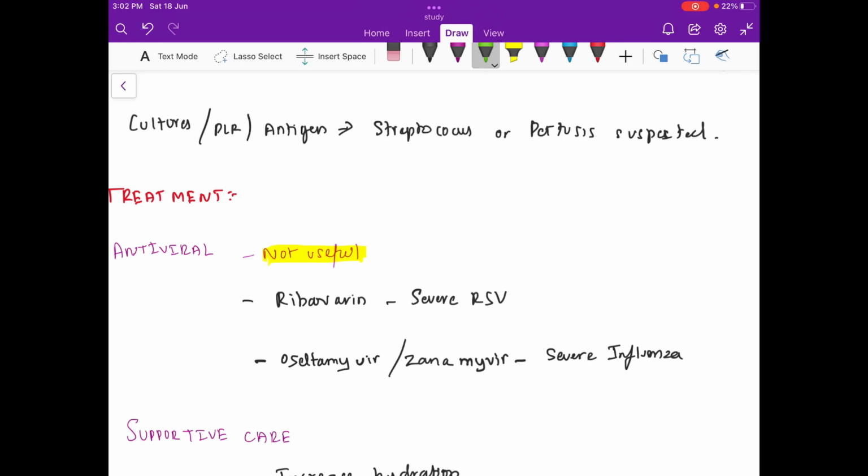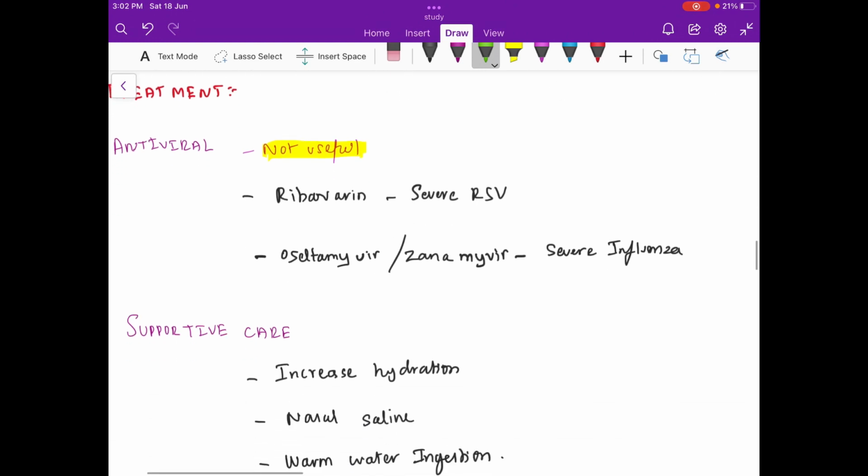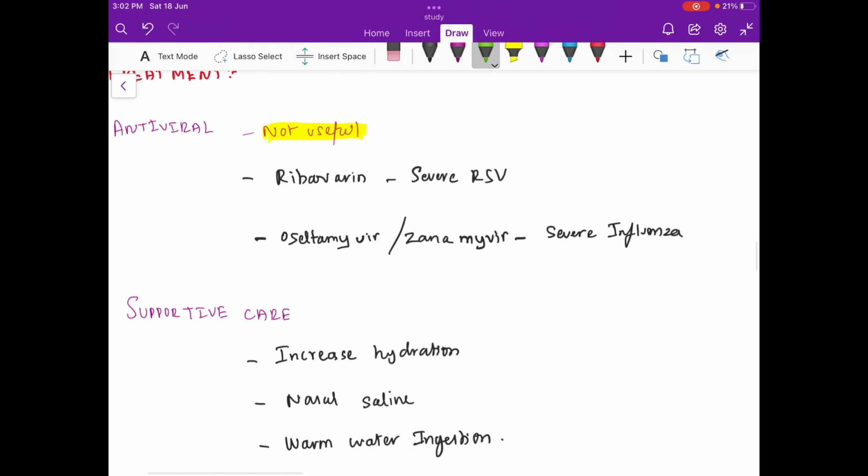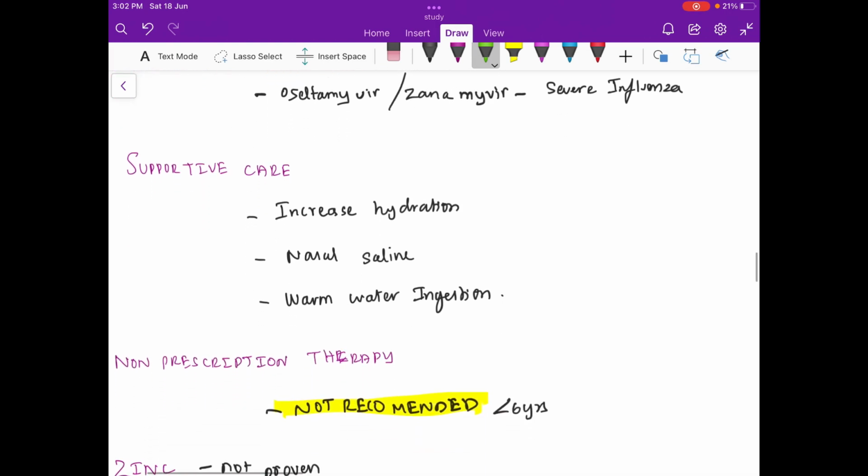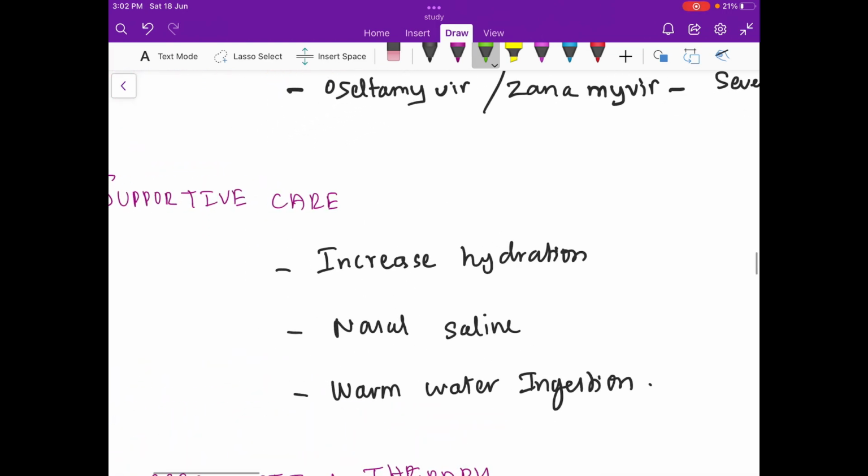Sometimes antivirals are required for severe respiratory syncytial virus infection or a severe influenza virus infection, which the baby will not be in outpatient treatment. You would have admitted the baby already. So ribavirin is used for severe respiratory syncytial virus infection, and oseltamivir or zanamivir can be used for severe influenza virus. The mainstay of treatment for common cold is supportive care.